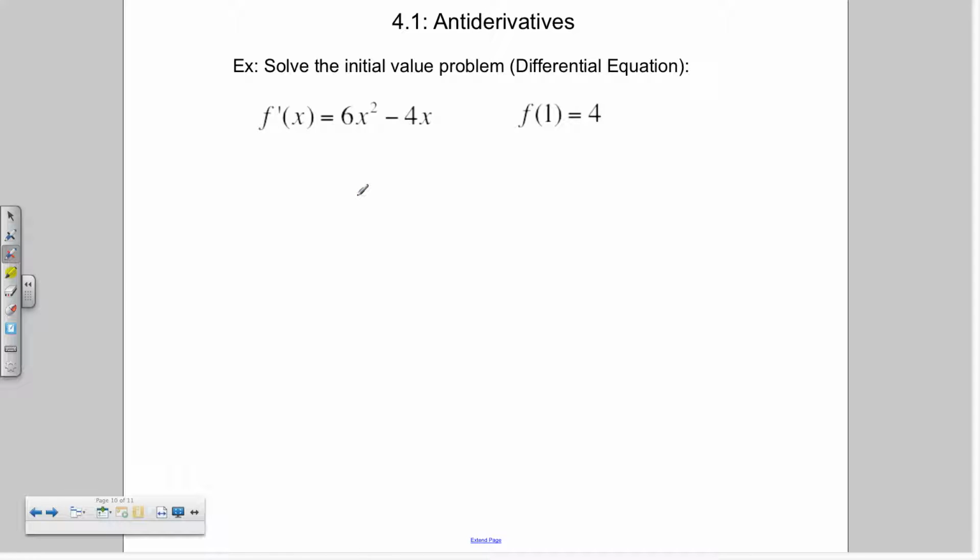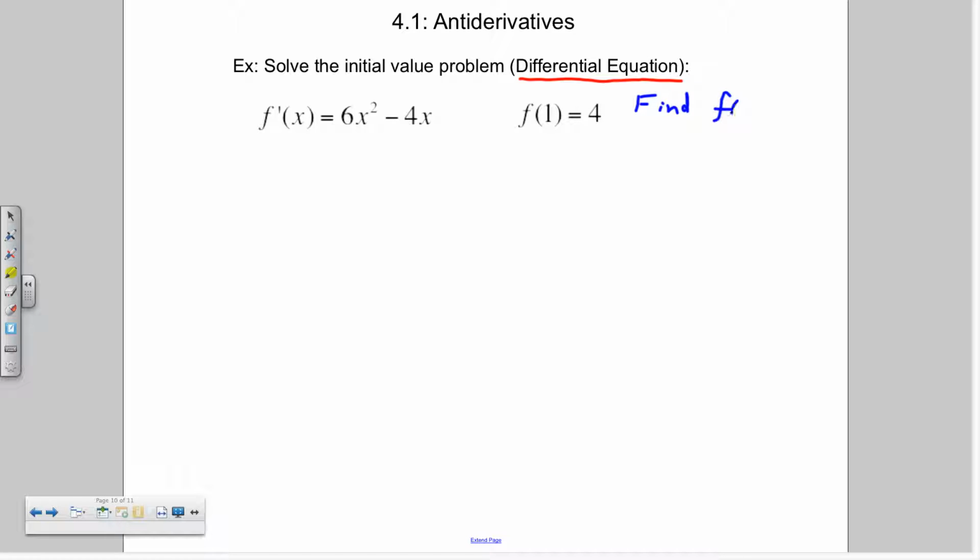You might also see this type of problem. It's called solve the initial value problem, and otherwise known as solve the differential equation. So what this essentially wants you to do is it wants you to find the original function. Find f of x. Whoop, sorry, not big f of x.